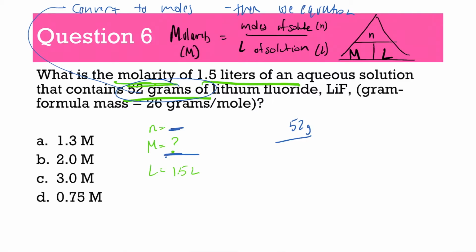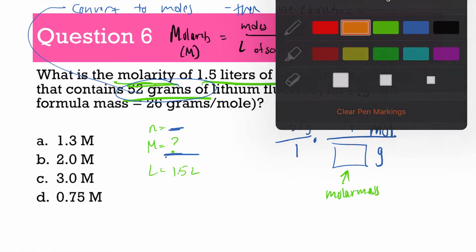When you're converting from grams to moles, we're going to use dimensional analysis. You have your 52 grams over 1. You want grams to cancel, so it goes on the bottom, and moles goes on top. 1 mole will always be your given, and in that blue box goes the molar mass of our compound.